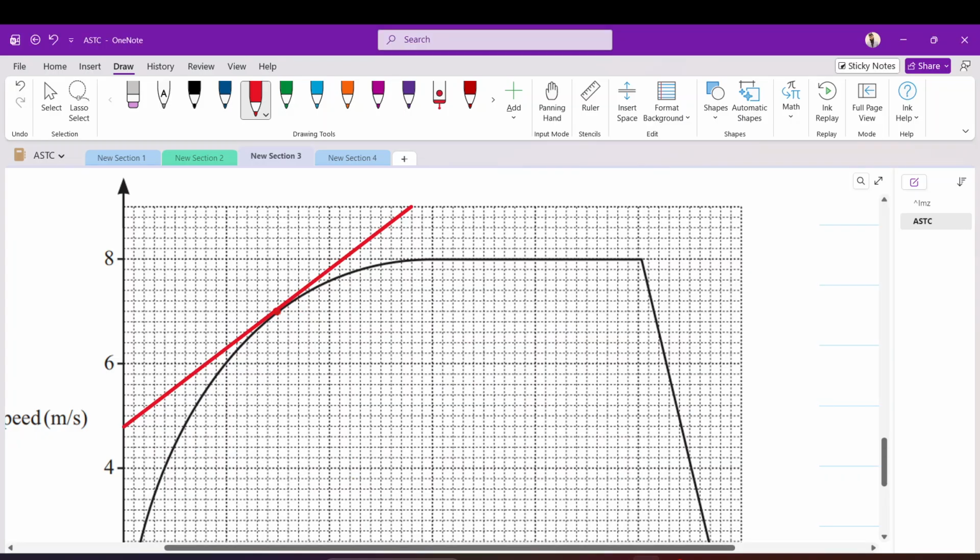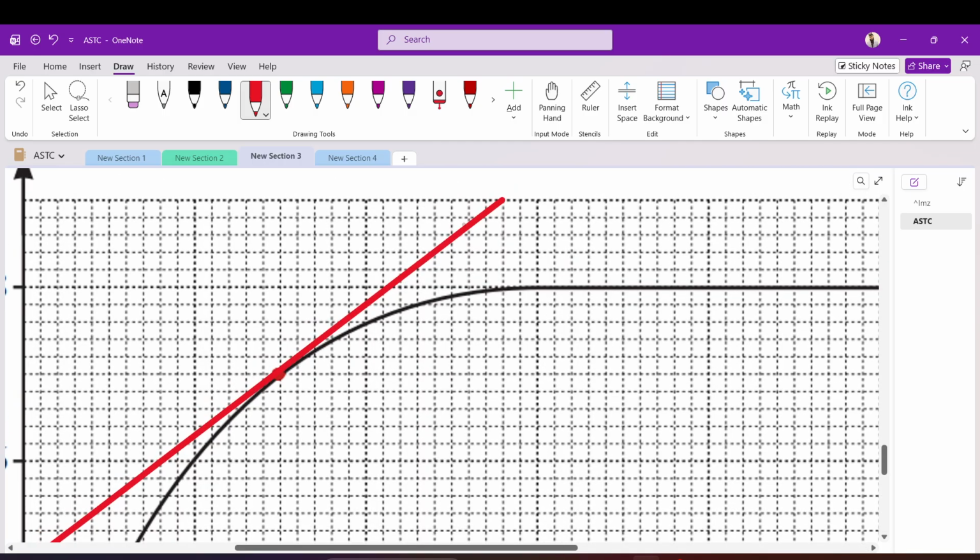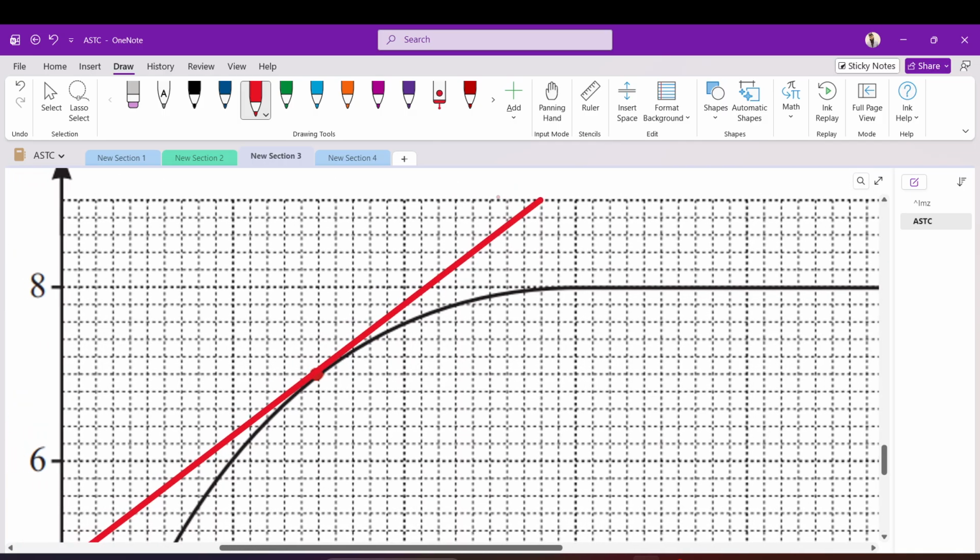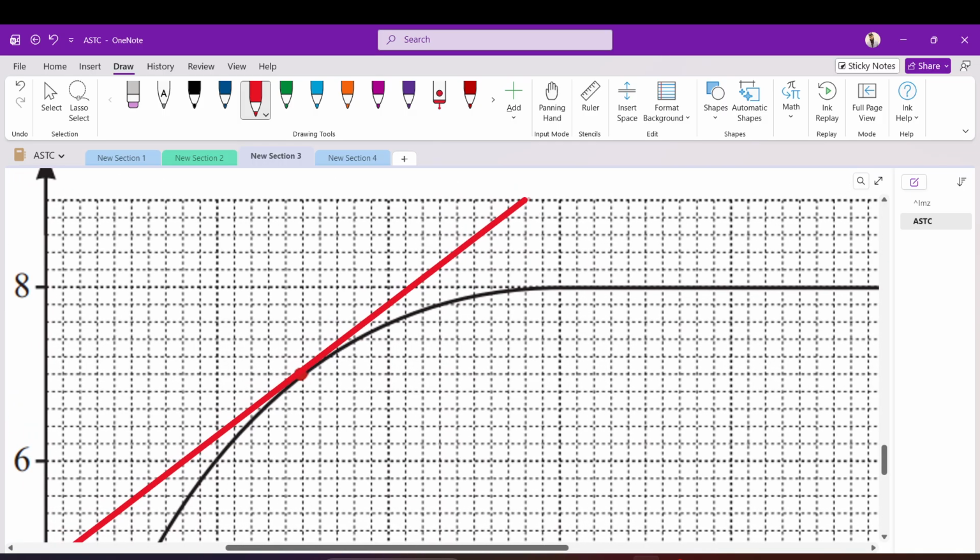So let's see, we need two coordinates. So one of the coordinates that we can have is we can take this coordinate. Okay, but let's keep looking. We can also take this coordinate. We can take this coordinate.